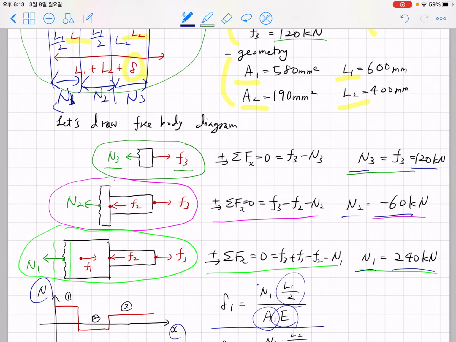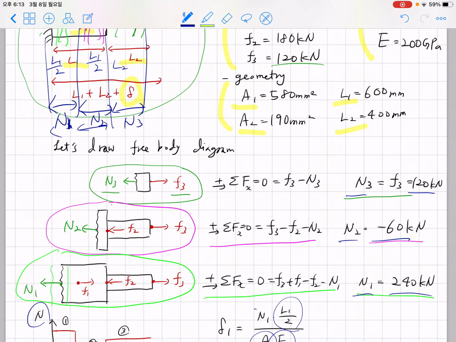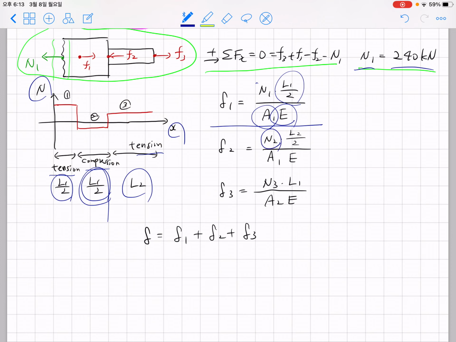For zone 2, this zone, you have N2, which is negative 60.